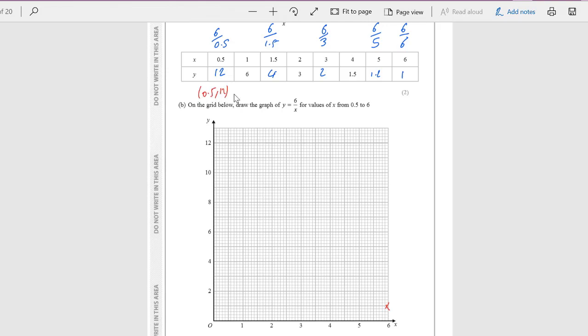0.5, 12, 1, 6, 1.5, 4, 2, 3, 3, 2, 4, 1.5, 5, 1.2, and 6, 1. And you're going to mark very precisely, unlike what I've done there, but very precisely.